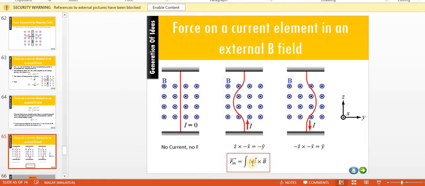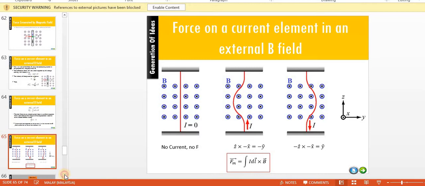This is the cross product between I and B. We get a force acting in the negative y direction. That's why you see the current is bent in this way. And when the current flows in the negative z direction and the magnetic field is in the negative x direction, we get a force pointing in the positive y direction. That's why you see a curve here.